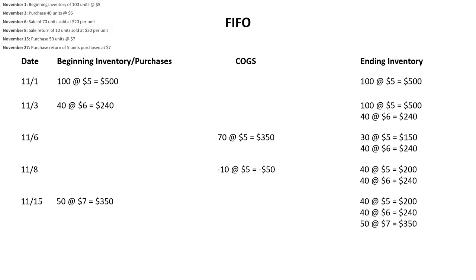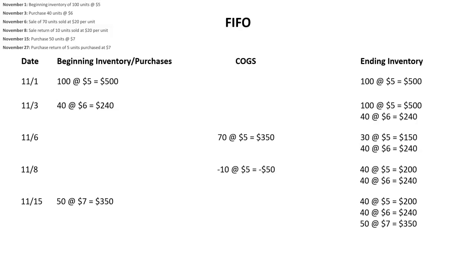The 15th is going to look pretty similar to what we saw earlier on November 3rd. It's just another one of these purchases, right? So we put the purchase information over there on the left, the 50 units at $7 each for $350. And then we update the ending inventory on that day. We had 40 units at 5, 40 units at 6, and 50 units at 7.